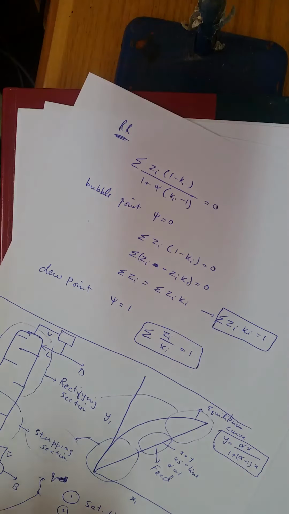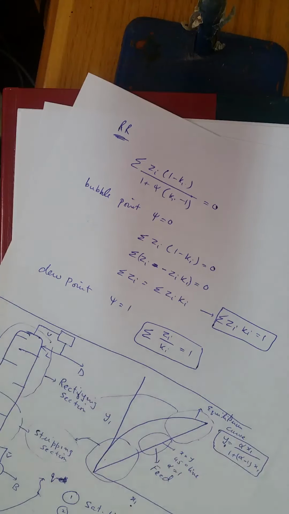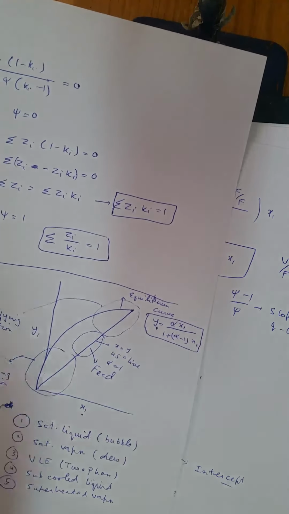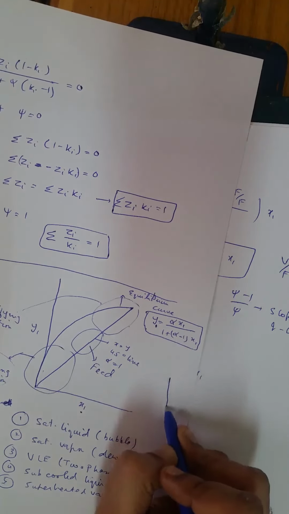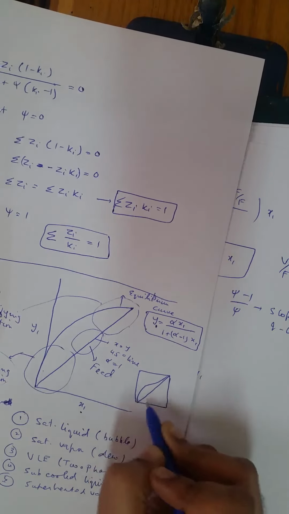In the graph, if you use a graph, again this graph is also based on the more volatile. That's why I'm writing x1 y1. We are not writing x2 y2, just based on x1 y1. This equation is also based on x1 y1. So alpha value is given. If this curve is smooth, it means we have constant alpha. If the curve is not smooth, you can have different kinds of curves, maybe like this shape.